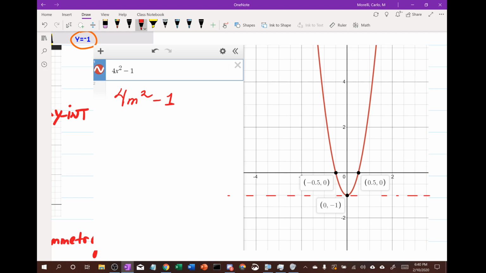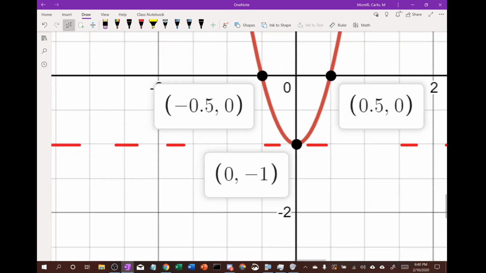The lowest y value, I'm going to have Jasmine identify it once it gets written. What's the lowest y value?